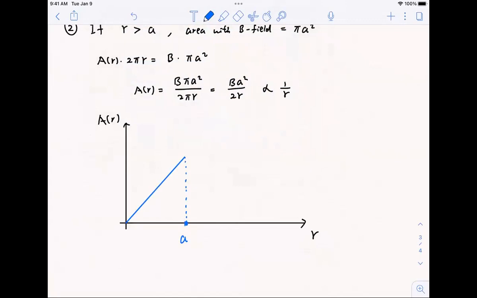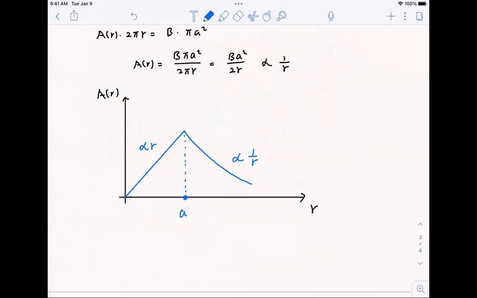And then it will drop like this. It will drop, do it smoothly. Okay, so this will be proportional to R. This will be proportional to 1 over R. Okay, so this is the form of the magnetic potential. Is that okay?